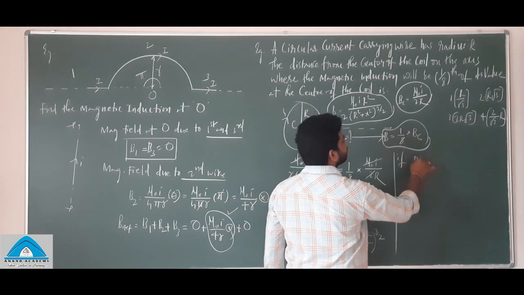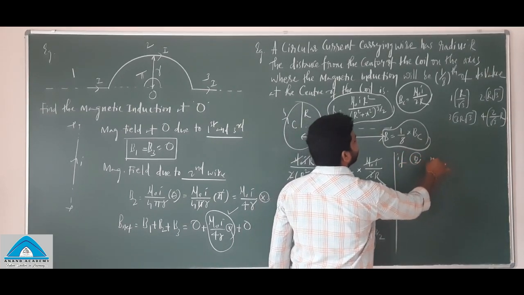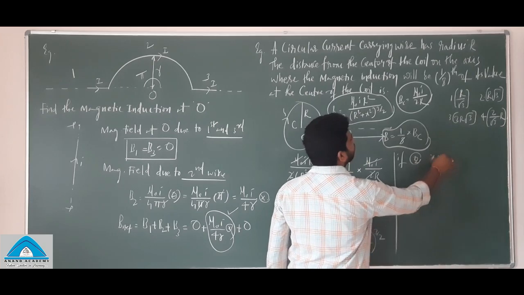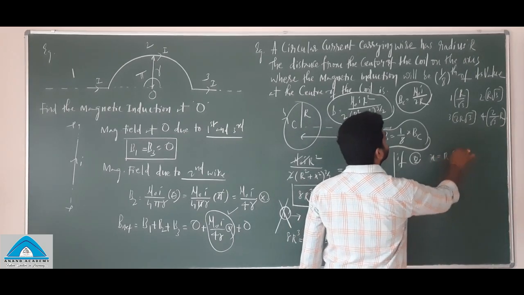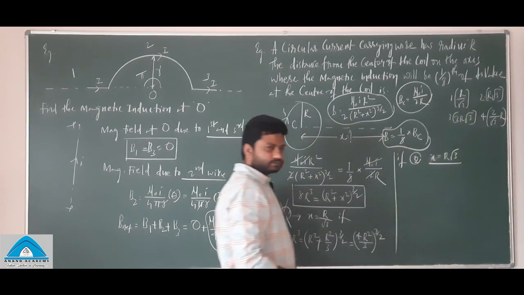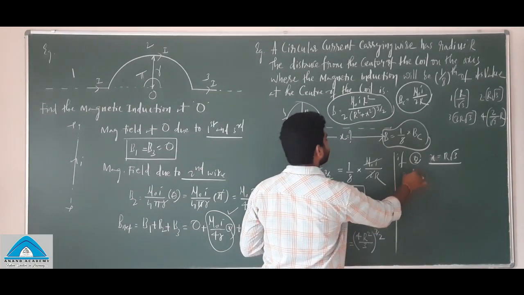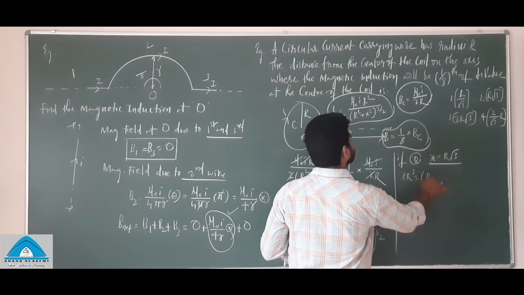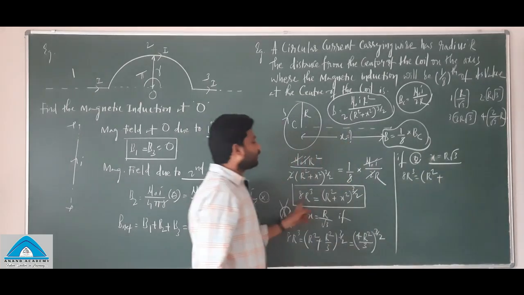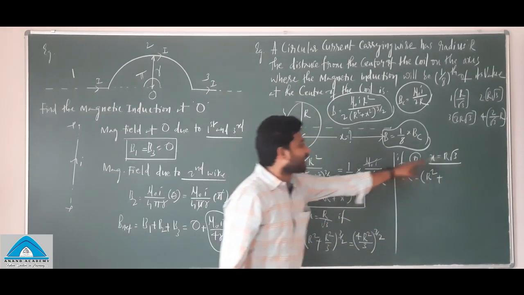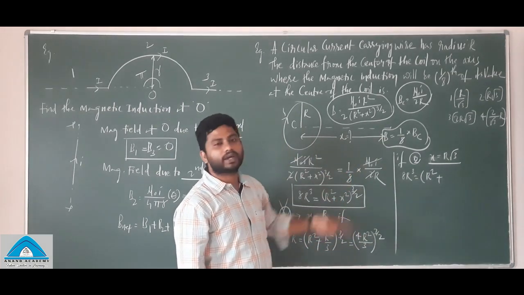If in the second option x is equal to r root 3, then substitute here: 8r cube is equal to r square plus x square. What is our x square? x is r root 3, right? x square is r square into 3.